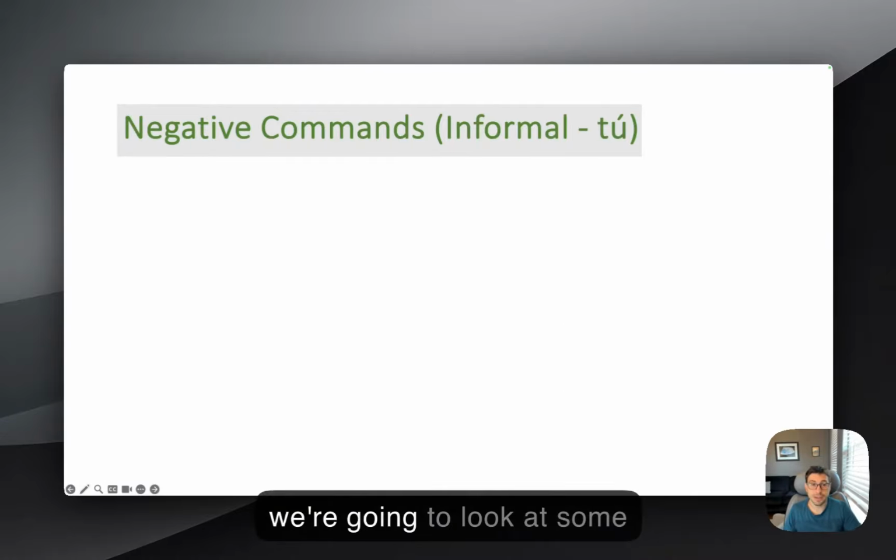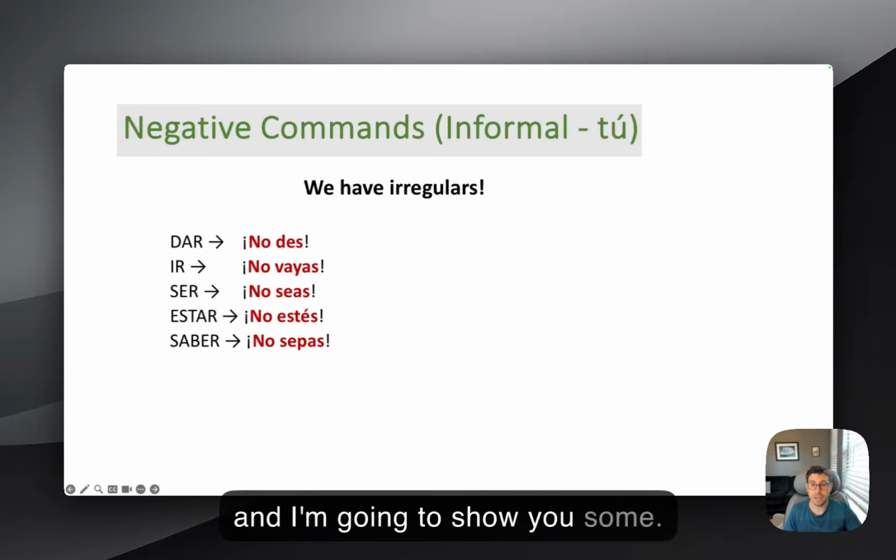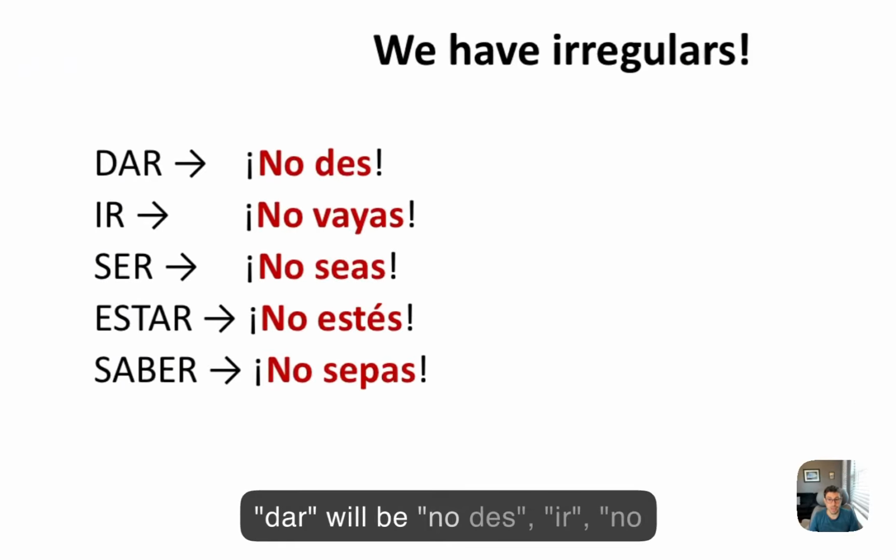Now we're going to look at some irregulars. Negative commands, informal for tú, have irregulars, and I'm going to show you some. There is this on the left here. So dar will be no des, ir no vayas, ser no seas, estar no estés, saber no sepas.